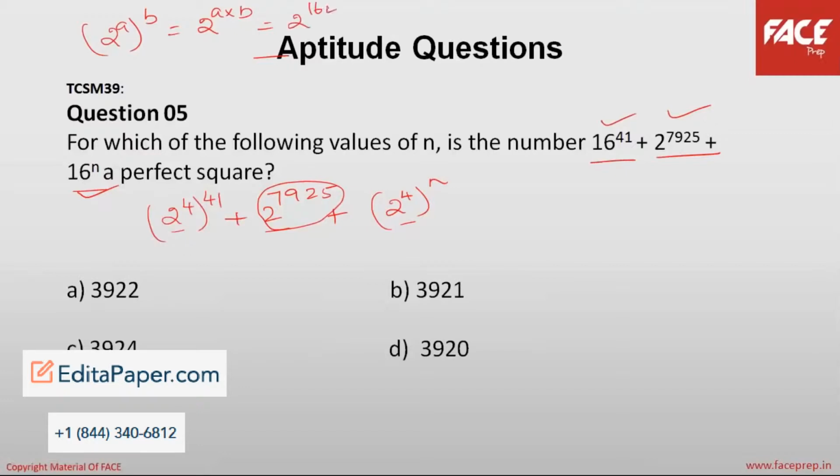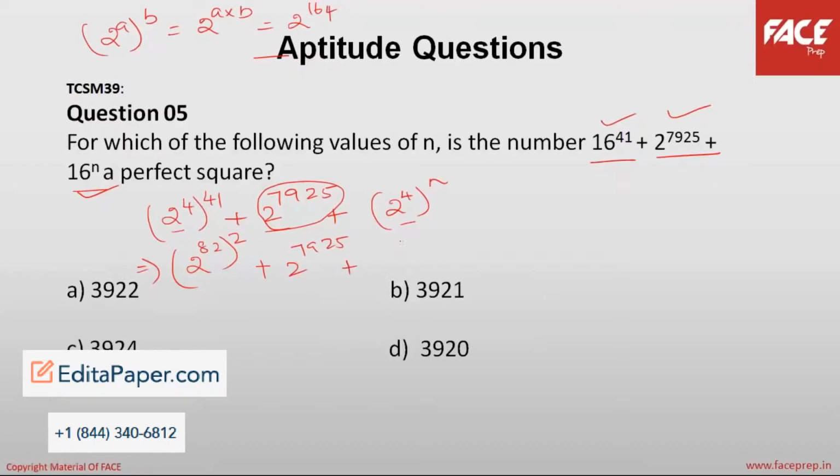So I'm writing it as 2 power 164. Can I further write it as 2 power 82 whole square, so that it gives me some value? 2 power 82 whole square, and 2 power 7925, I cannot do anything, I can keep it like that.